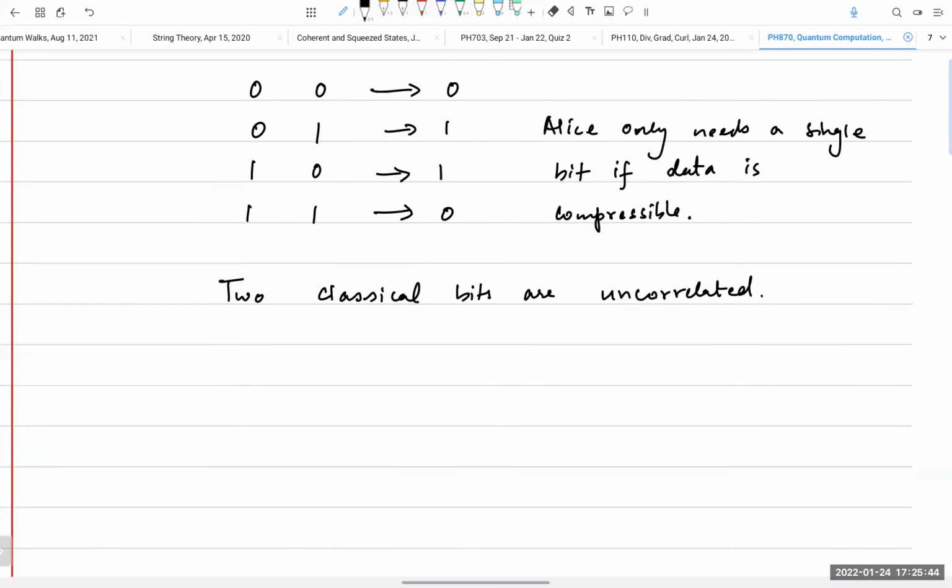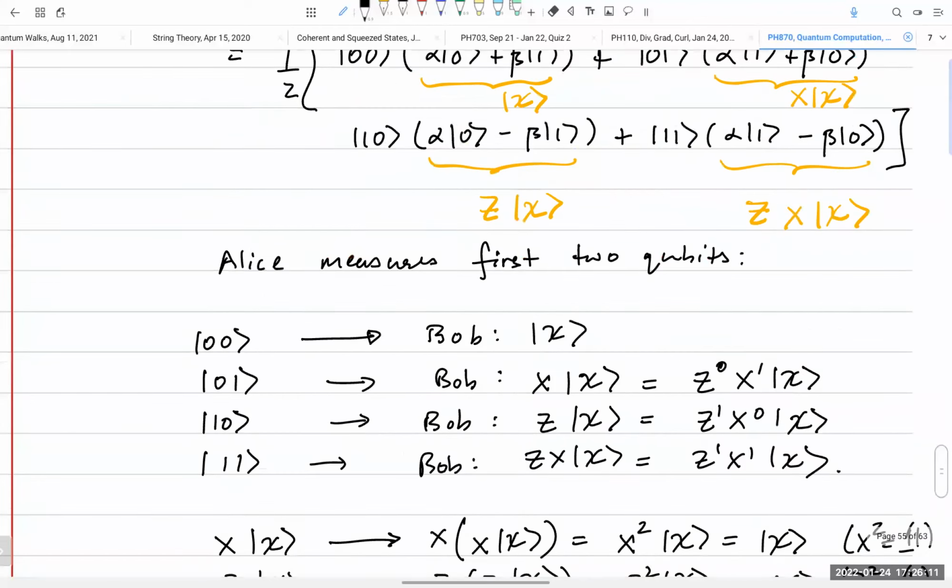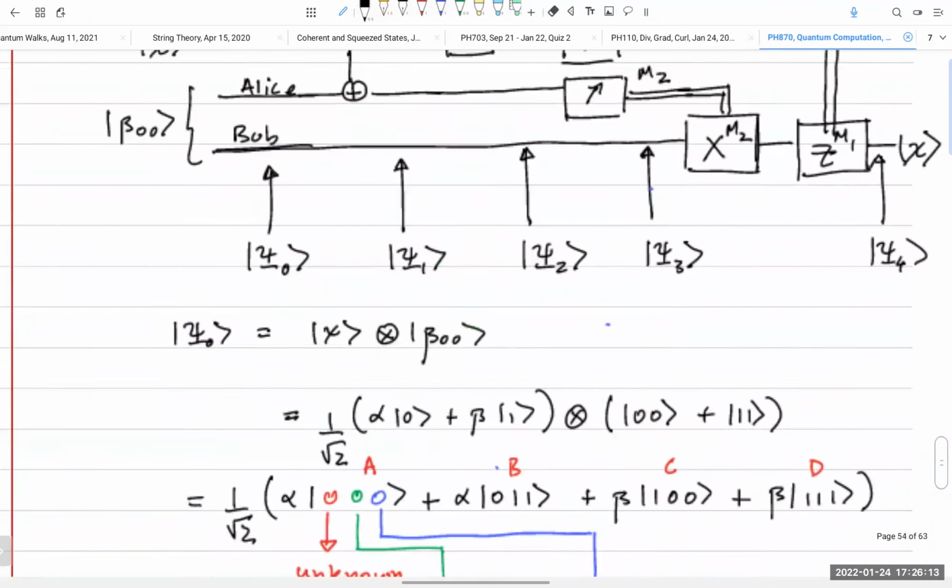So how does Alice achieve this? Well, as usual, we have to have EPR pairs. We take an EPR pair, and once again, we can take any one of the four states. If you remember, there were four states that we had defined in the previous lecture for EPR pairs.